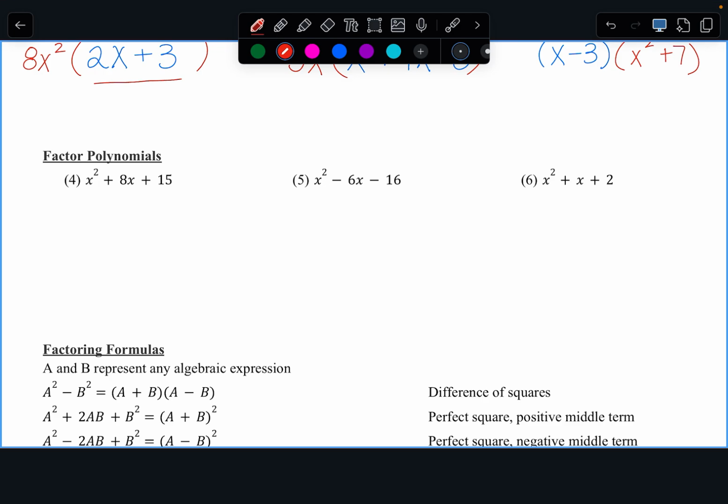All right, when we have 3 things that we are trying to factor, and there is no number in front of x squared, it's just a 1. What we're trying to do is find 2 numbers that add to 8 and multiply to get 15.